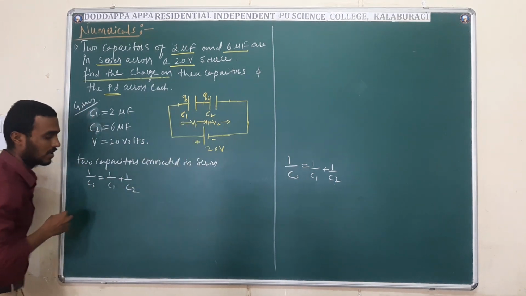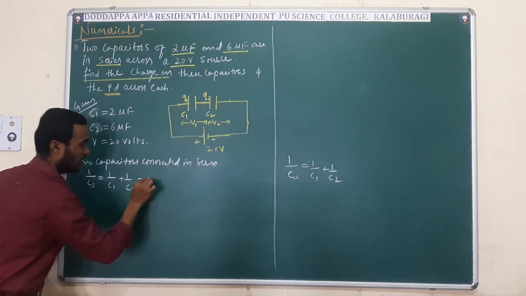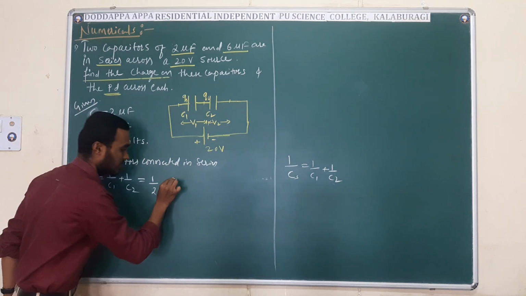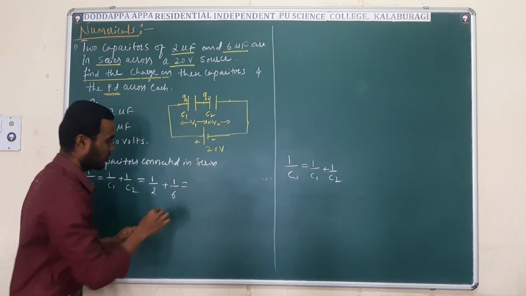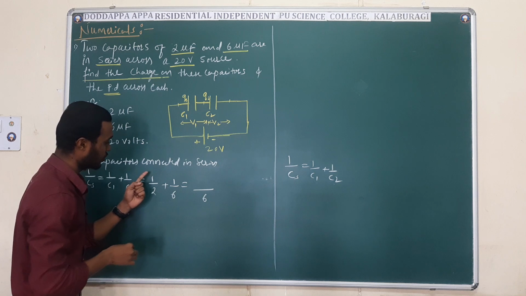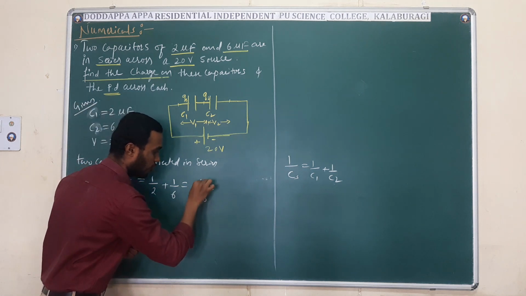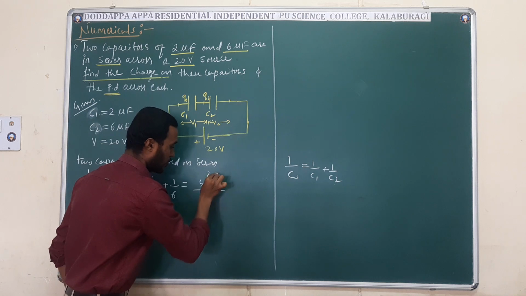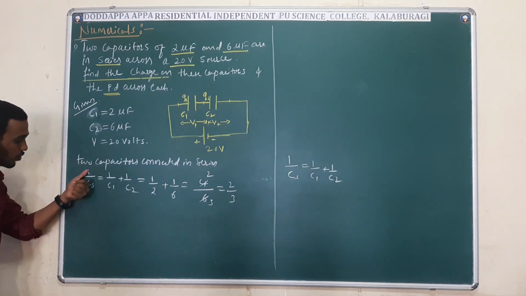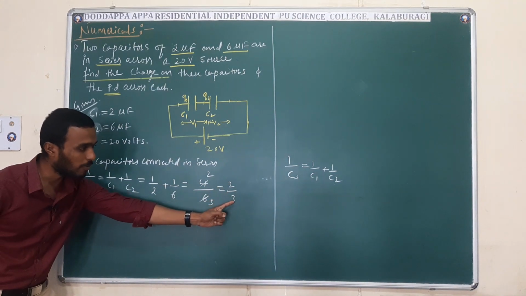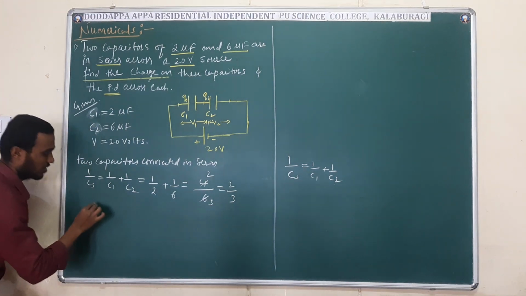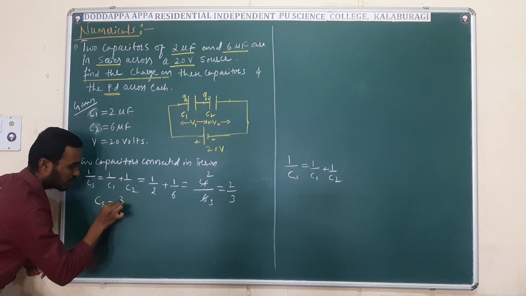That is 1 by 2 plus 1 by 6. The LCM becomes 6, so it is 3 plus 1, which is 4 by 6, that is 2 by 3. So 1 by Cs is equal to 2 by 3. Taking the reciprocal, Cs is equal to 3 by 2.